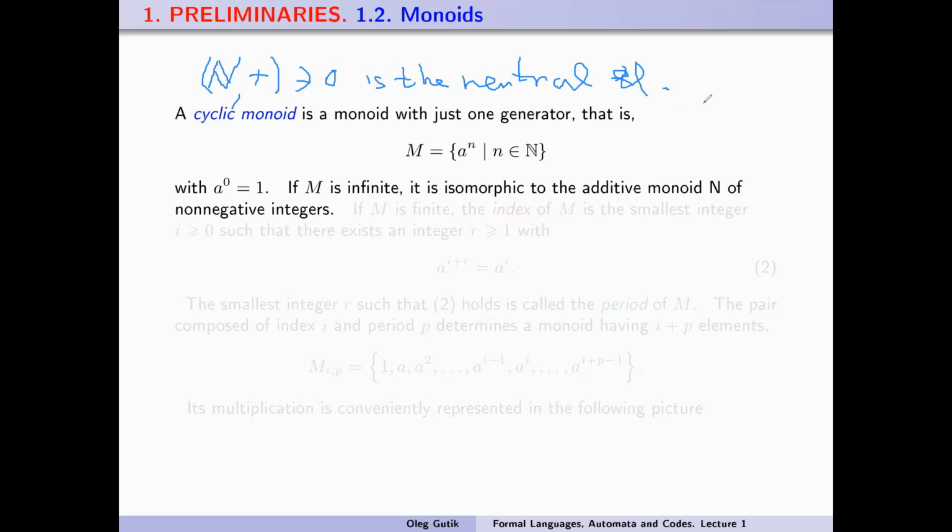If we consider the usual identity as real numbers, the number 1 generates this monoid N plus.